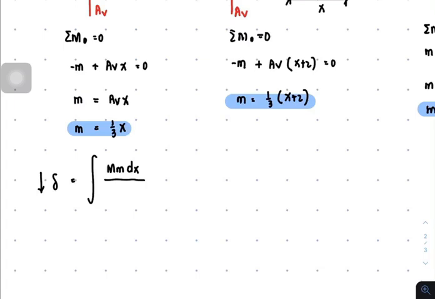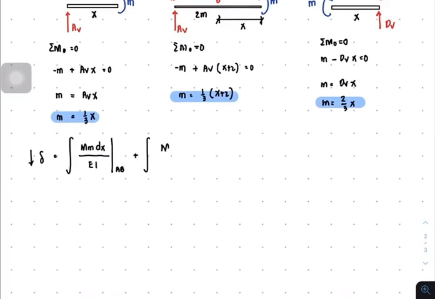So it is the product of capital letter M and small letter m dx over EI, from a to b, plus the integral of the same product m dx over EI, from b to c, then plus the integral of the product of moment capital letter M and small letter m dx over EI, from CD.